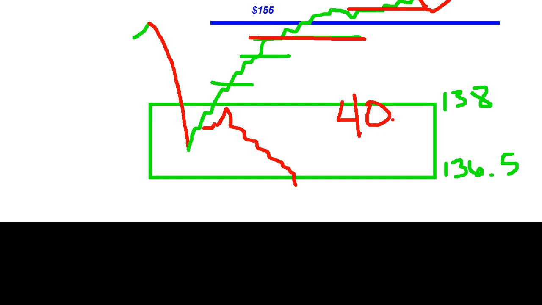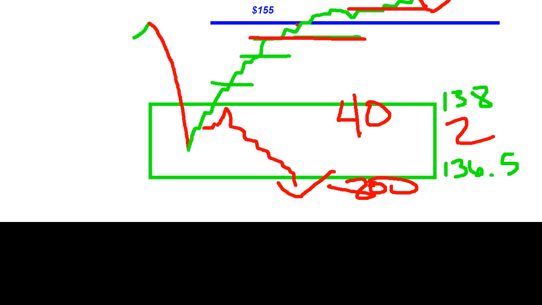Again, this is just an estimate. 40 bucks per dollar move. We have a $2 spread here. That's $80 per contract times 10. Your max loss on this would be $800, on 10 contracts. Again, estimate. However, if you were to sell up here, your max could be $5,000. So just understand all that.